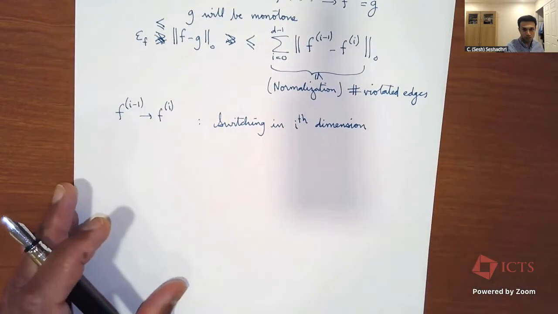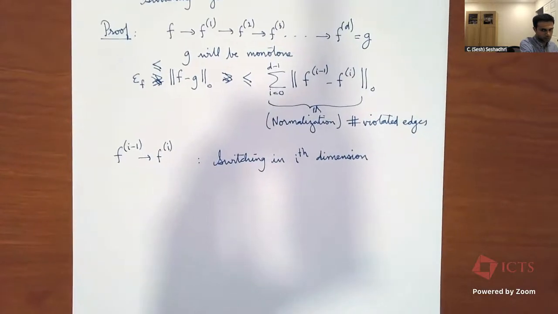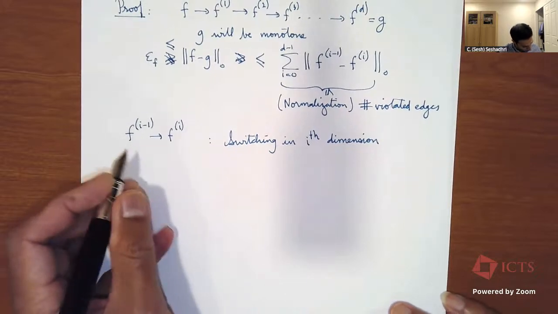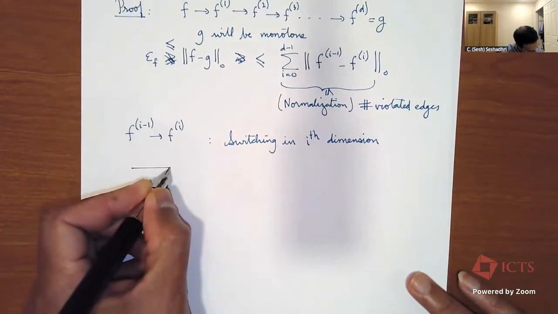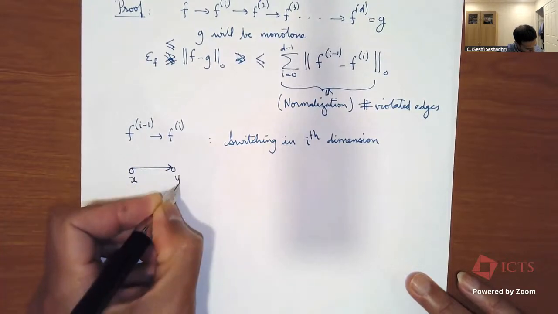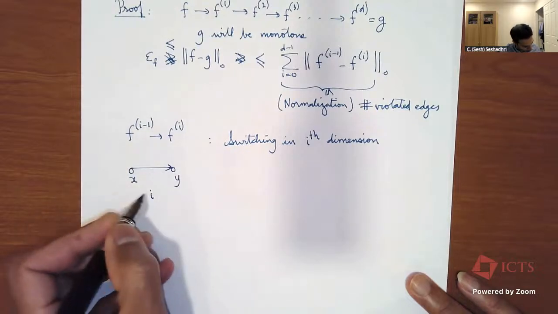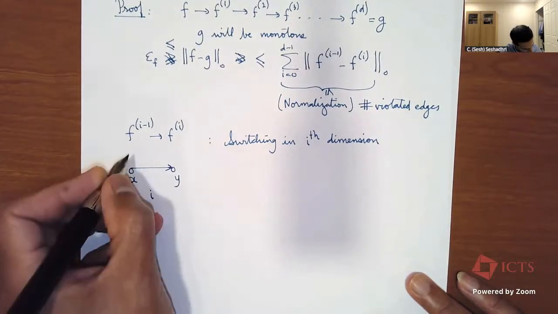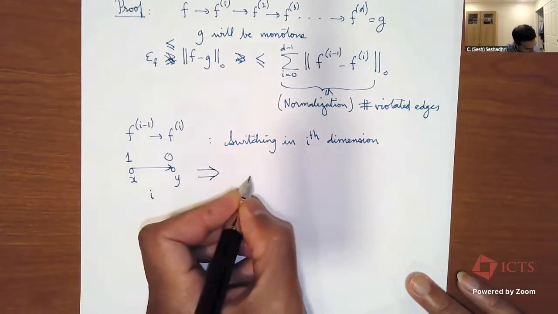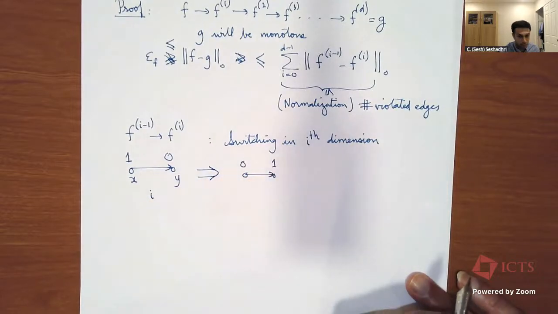So the switching process will do the following. It's going to take every directed edge xy along the ith dimension. Remember, i is a dimension here. So for every edge on the ith dimension, if the function value is a 1 and 0, it is going to fix that violation and switch it to a 0 and 1.